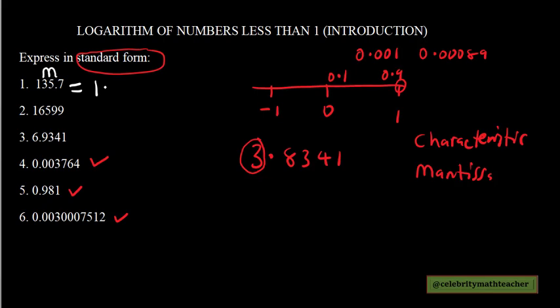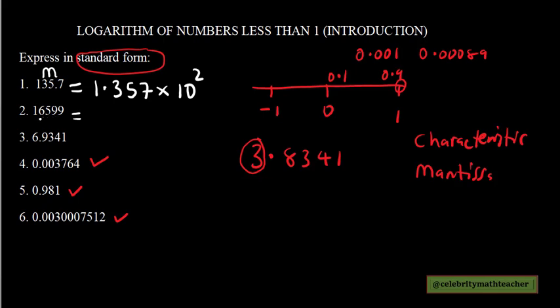So our final answer will be 1.357 times 10 raised to the power of 2. When you move your decimal point to the left, it is a positive power, but when you move it to the right, it is a negative power. So that's the answer for this.